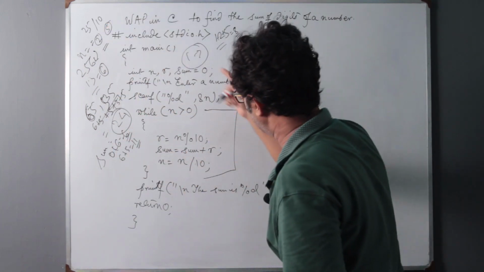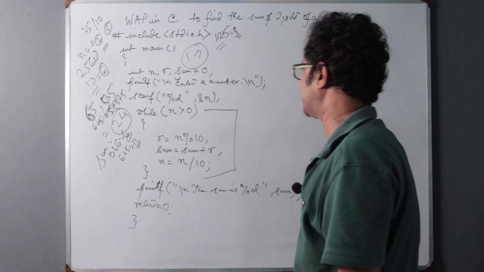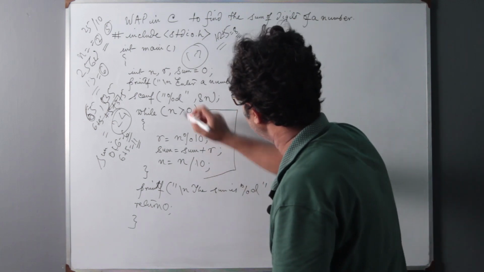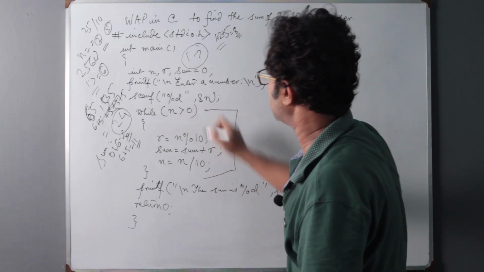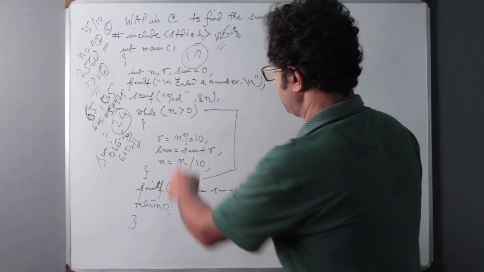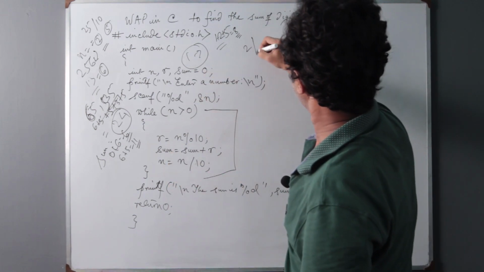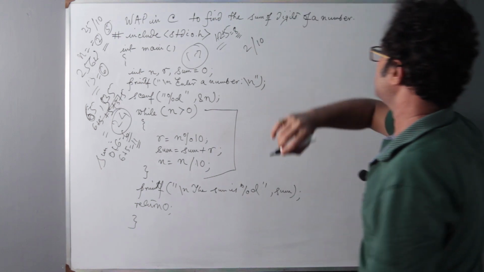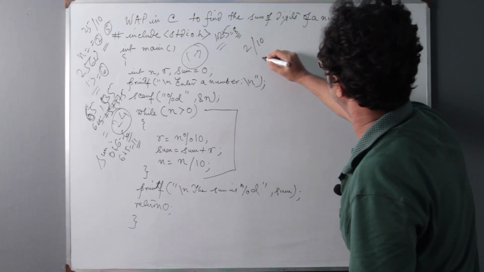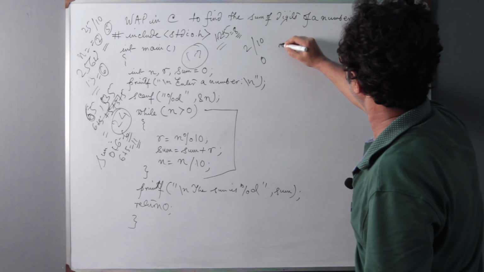Let us now go for the third iteration, to see whether we can enter the loop. Yes, n is 2, which is definitely greater than 0, and again we perform the same operation, that is 2 is divided by 10. If 2 is divided by 10, the quotient becomes 0 and the remainder becomes 2.